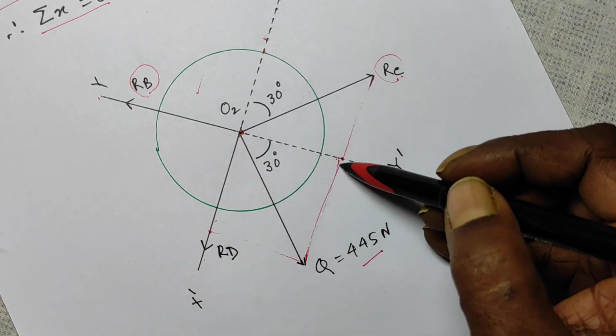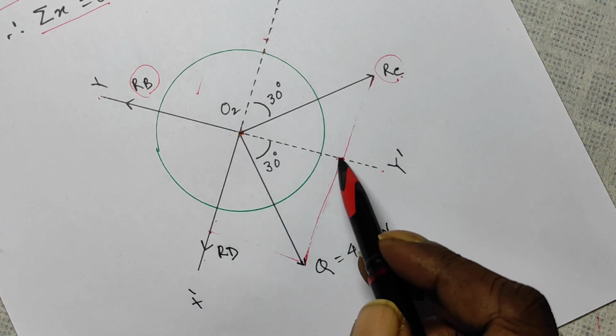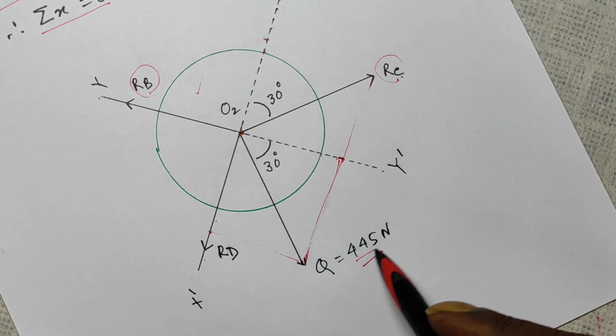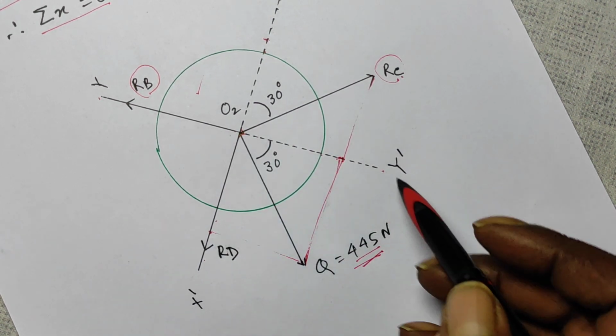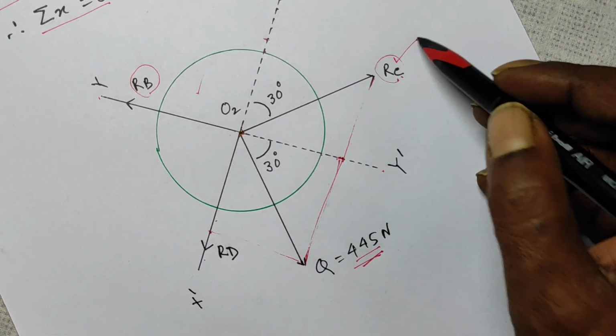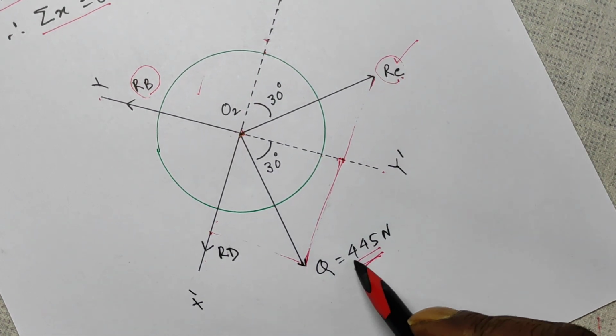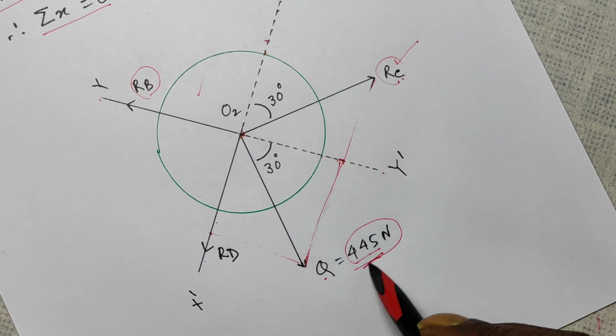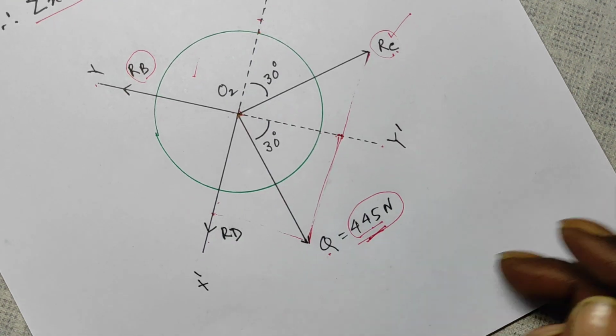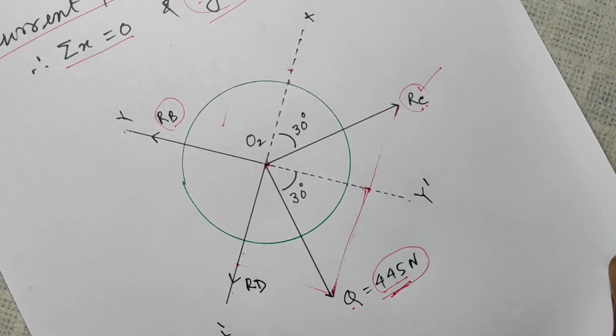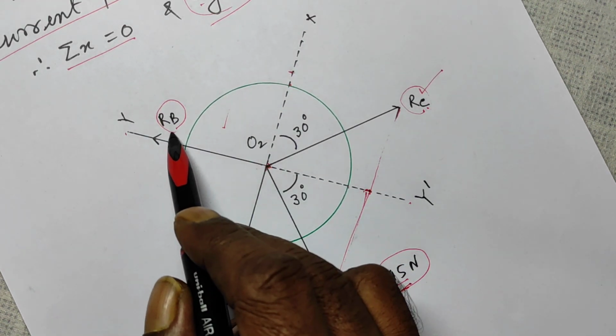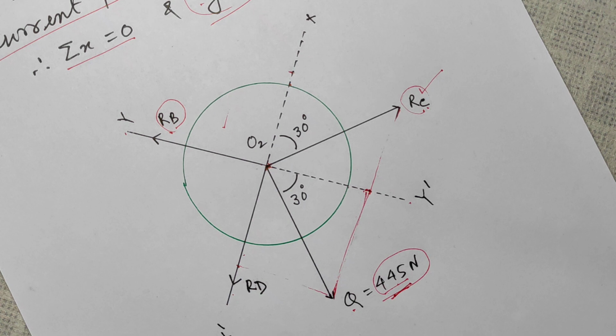Again, if you drop a perpendicular from here to here, it will be the component of the weight along the negative y-axis. So RC has a component along the negative y-axis, and this weight Q, 445 Newton, has a component along the negative y-axis. They will be added, and the vector sum of that will be equal and opposite to RB. Then only the forces cancel and it will be in equilibrium.